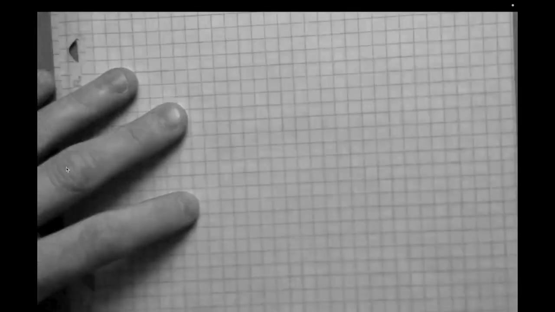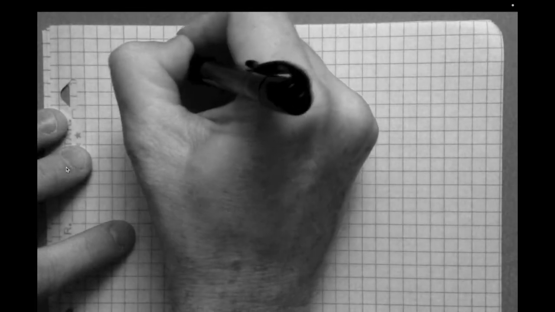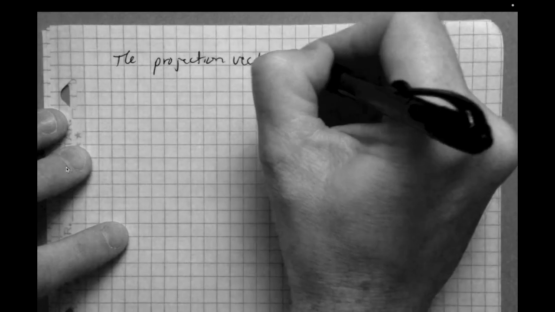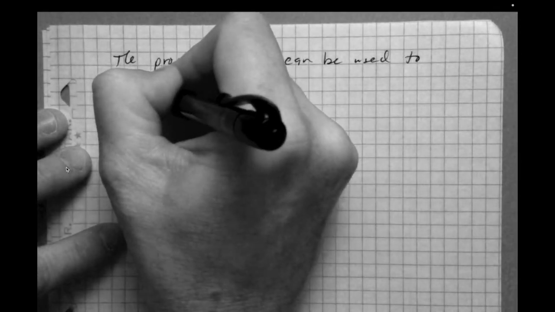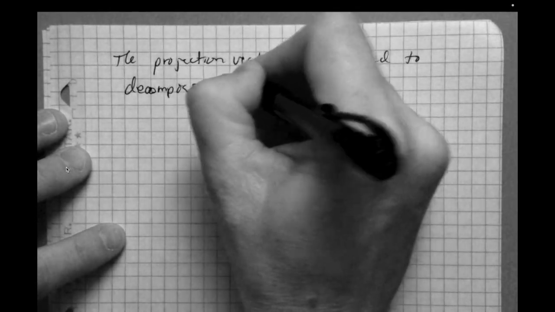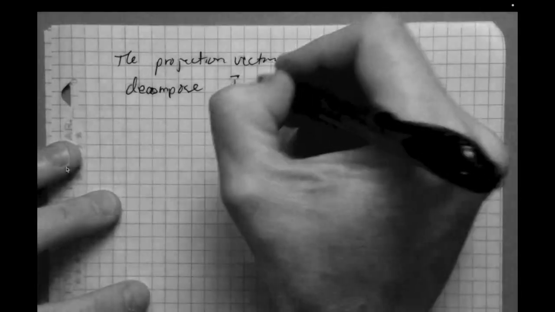Now, the projection vector can be used as a means to decompose B into what we call its component vectors.